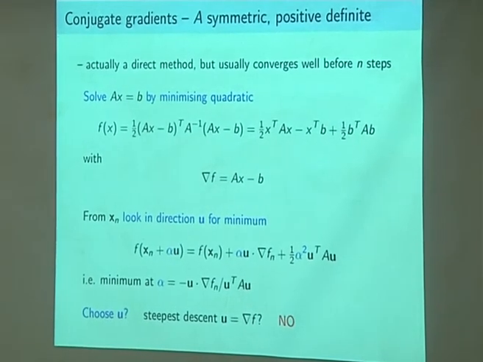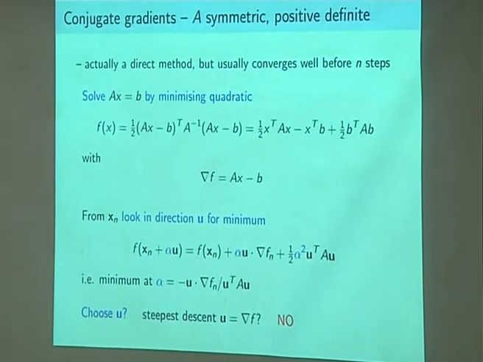So if we're in our iterative process at some solution xn, and we have a direction u that we'd like to go along in order to minimize this quadratic form, how far do you want to go along the direction u? You want to go distance alpha.